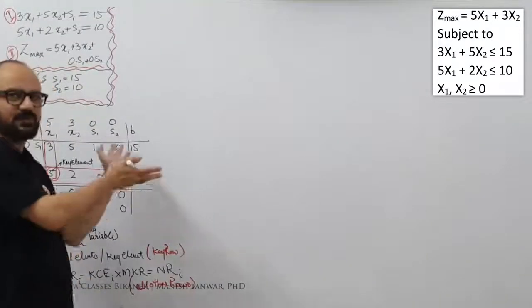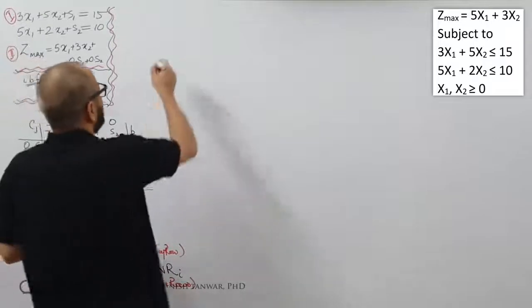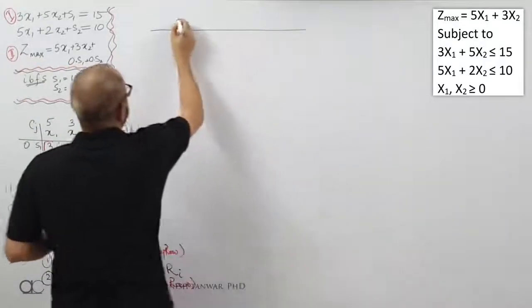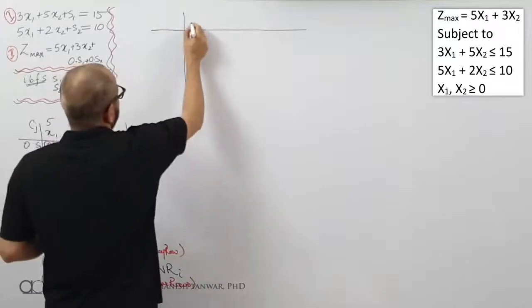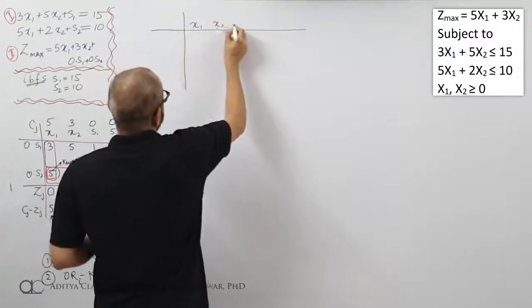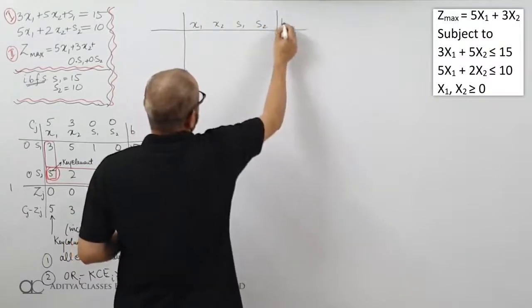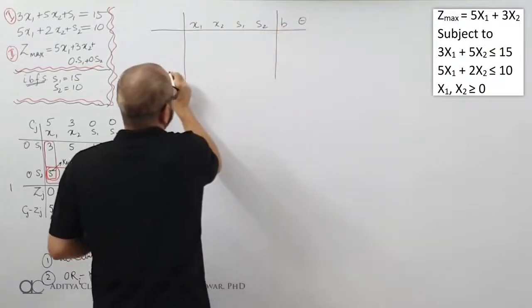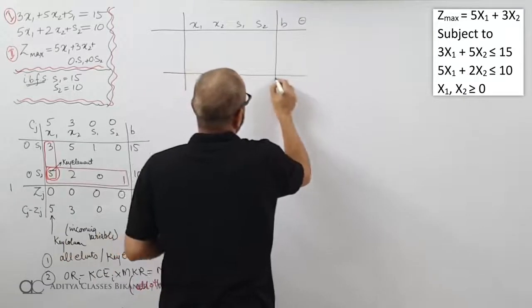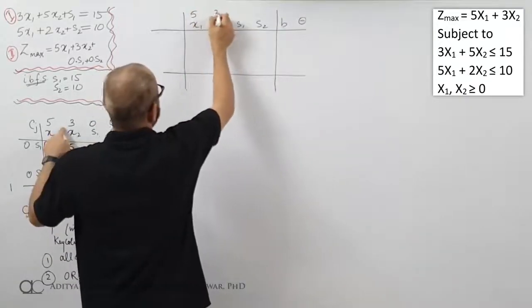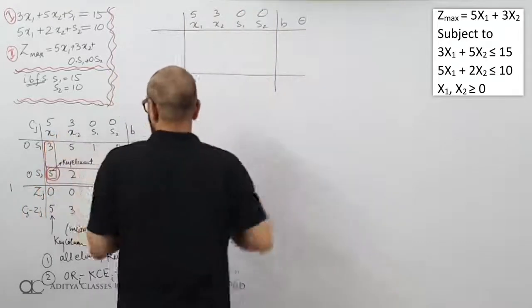So now let us transfer this to our new matrix, new table. We have x1, x2, s1, s2, b and theta. Then we have our contributions as 5, 3, 0 and 0.